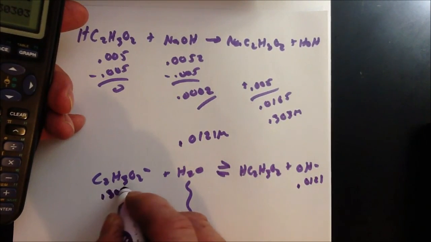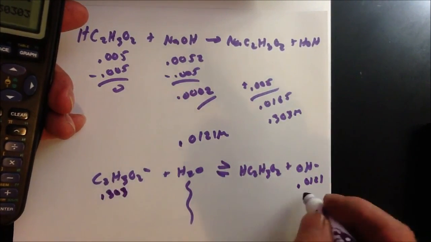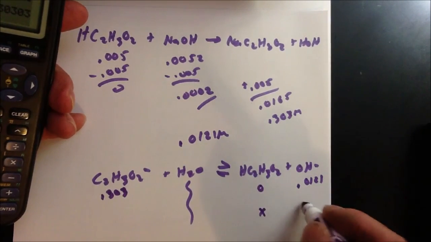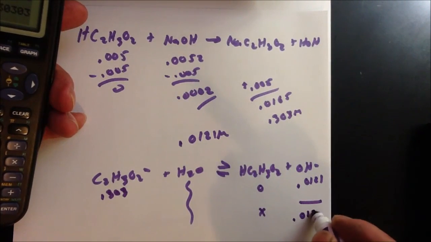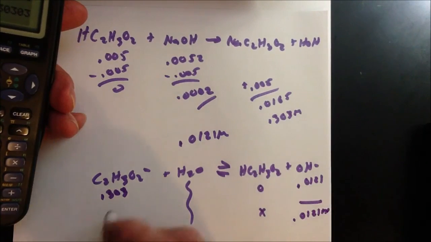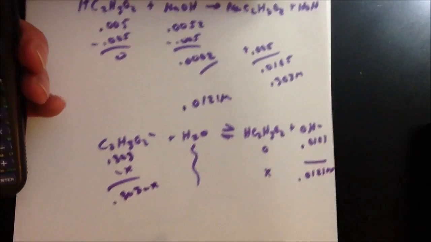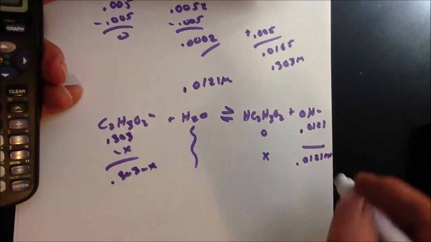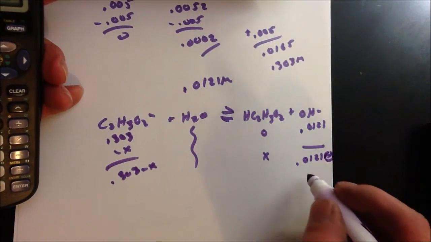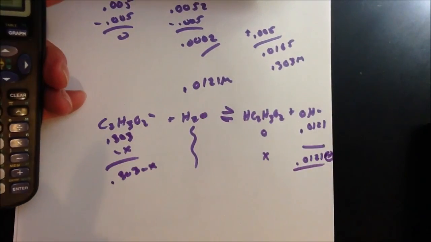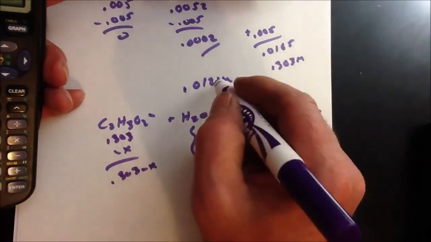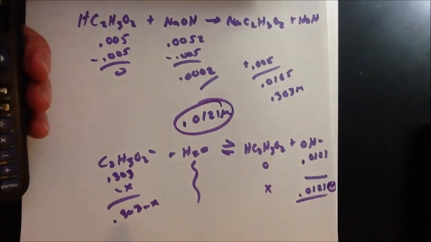So of that 0.303, we're only going to get a really, really small amount when we actually go down here and factor in how much that X value is. Not saying we can't do the quadratic formula here. I'm not saying we can't solve that, but X is going to be really, really small, meaning 99.99% of our hydroxide came from the excess from the sodium hydroxide.